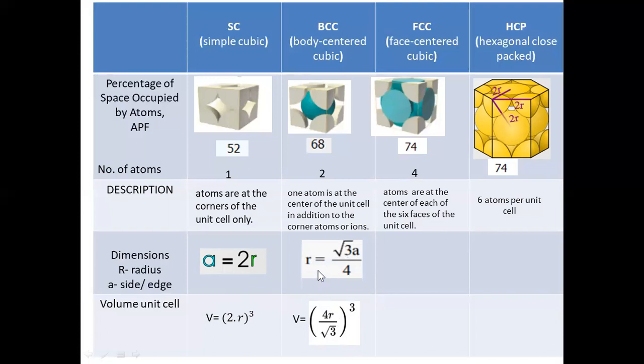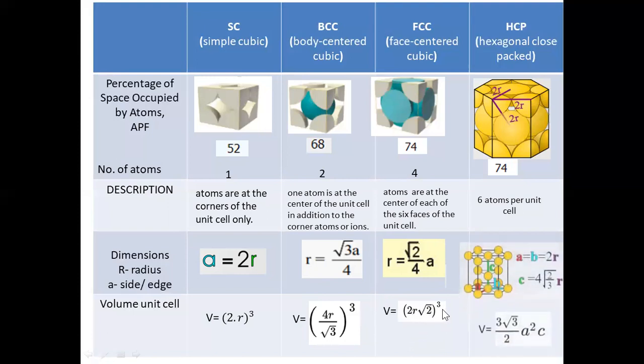Substituting it into the volume formula, V is equal to (4r over the square root of 3) cubed. Now for FCC, the radius in terms of a is r = (square root of 2 over 4) a, and the volume would be equal to (2r times the square root of 2) cubed.